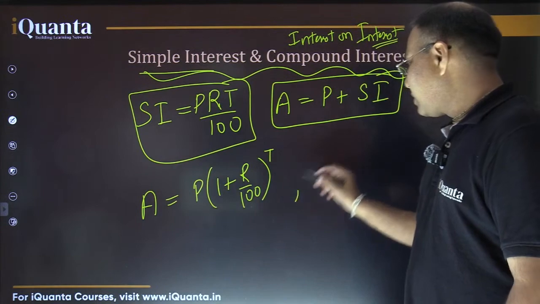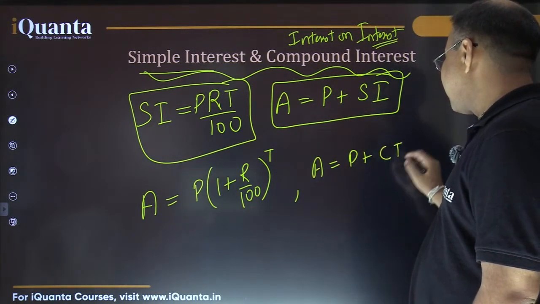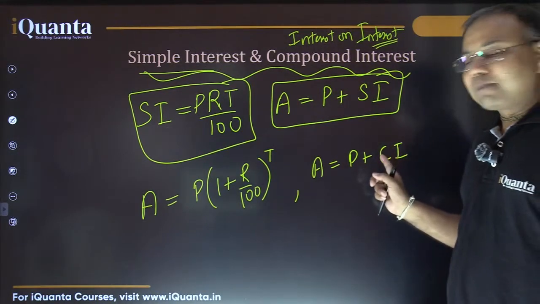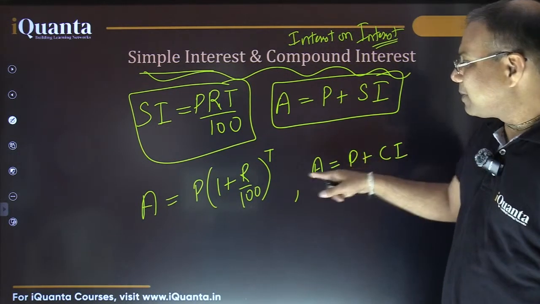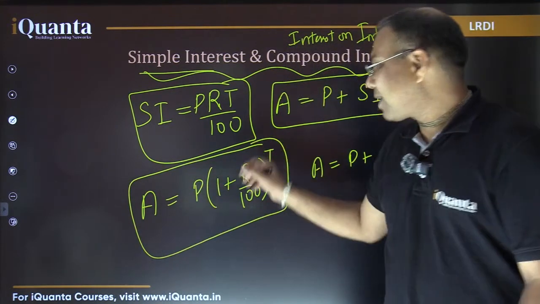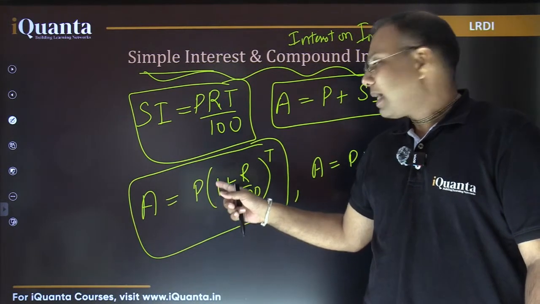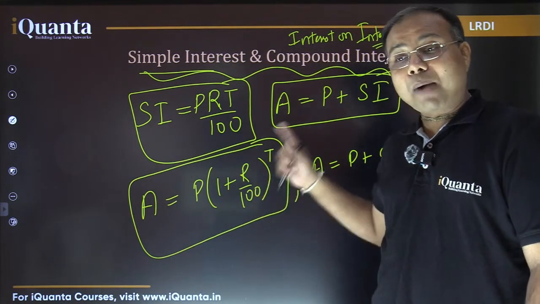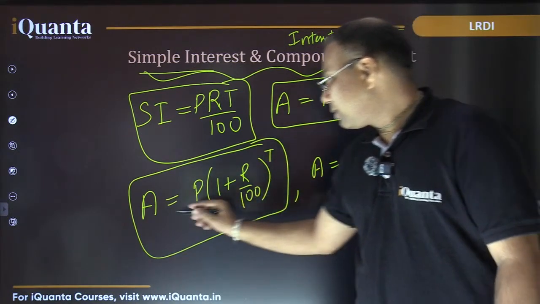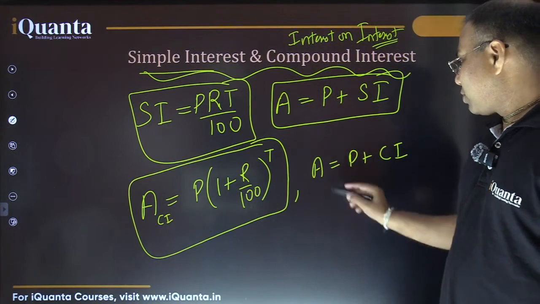And we know that amount is equal to principal plus interest. So if I want to calculate compound interest, I need to subtract the principal from this amount, right? So that is our formula to calculate amount when a principal is being deposited at a certain rate of compound interest per annum. ठीक है? So this is amount at CI.